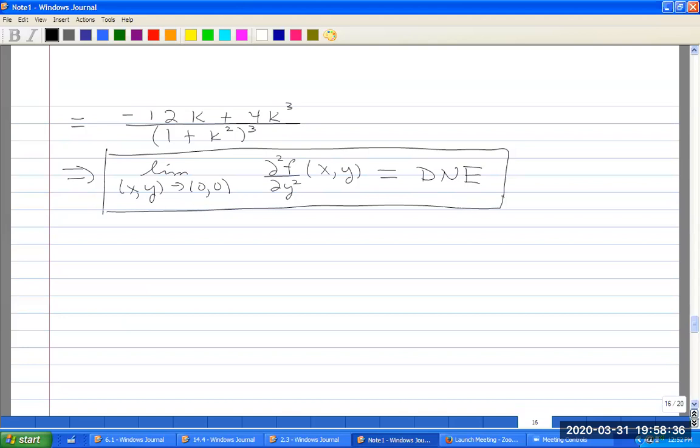And so this implies that the second partial, so if the limit doesn't exist, then it is not continuous at that point.